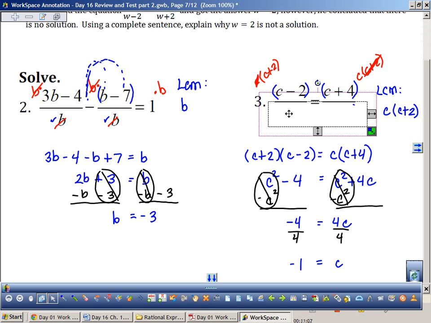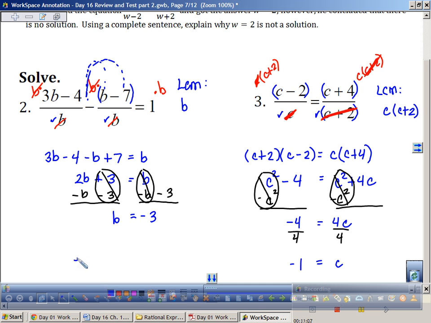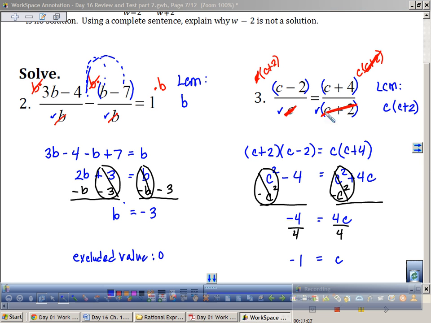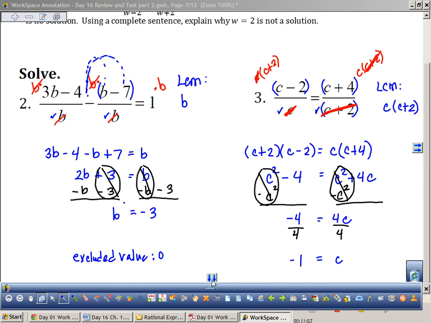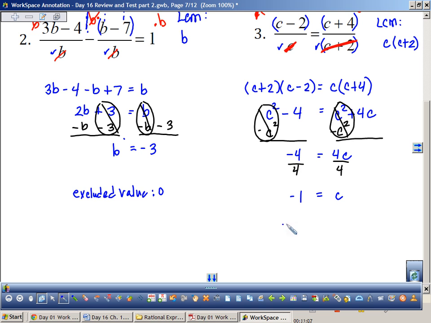What do I need? You know what? I missed something. What did I miss? Excluded values. What's the excluded value over here? 0. Do I have to worry about it? It doesn't matter, because my answer is negative 3. What's the excluded value over here? 0 and negative 2.